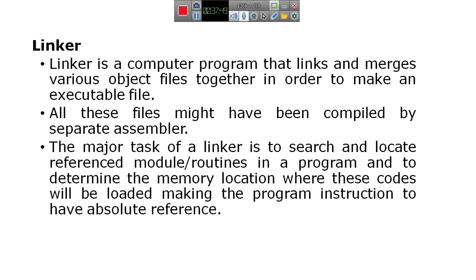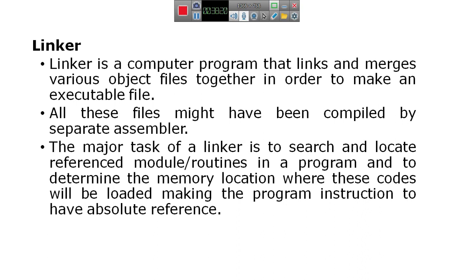In the process of compilation, the linker is activated by the operating system and it creates a link between this object code and the code which is available in the library, because we have used predefined functions, that is standard input and standard output.